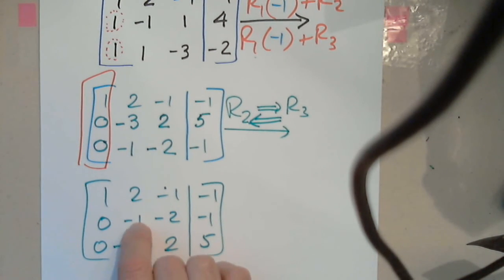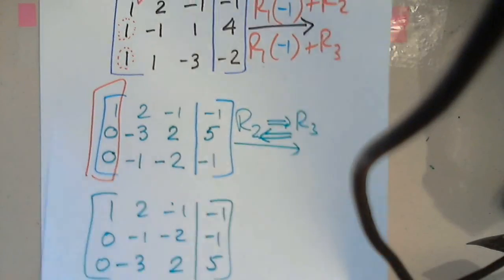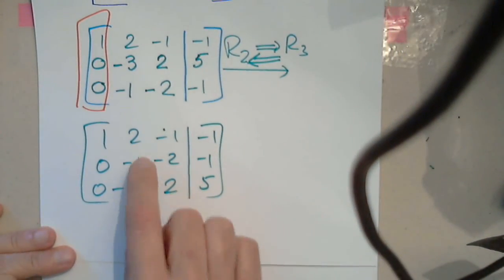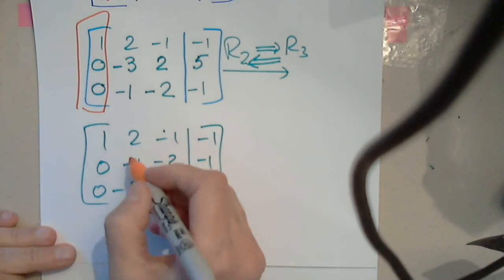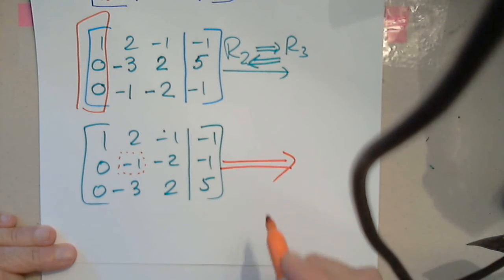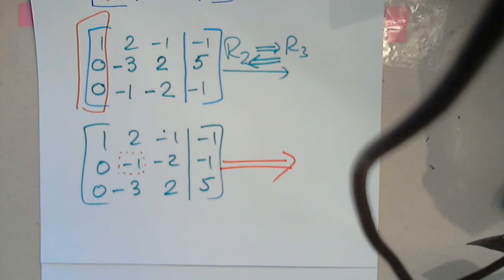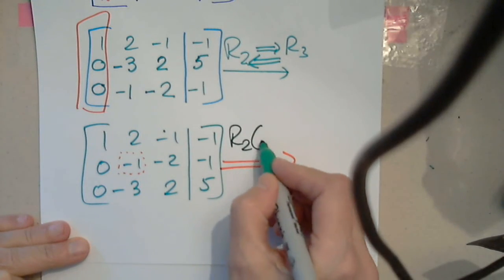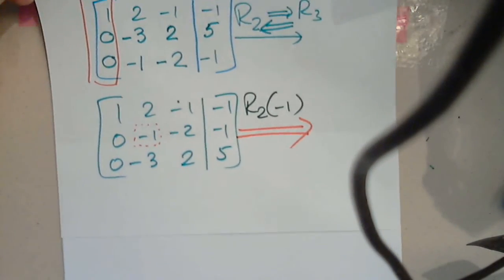Because in order to get a 1 in here is very easy now. How do I get a 1 in here? This entry has to become a 1. Multiplied by -1. Row 2 multiplied by -1. Great job.